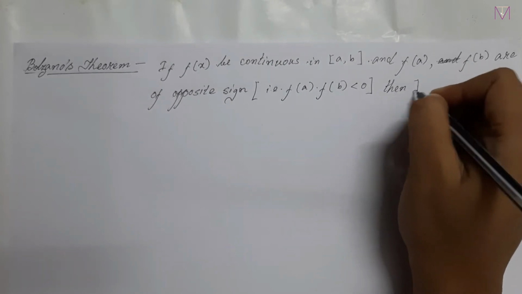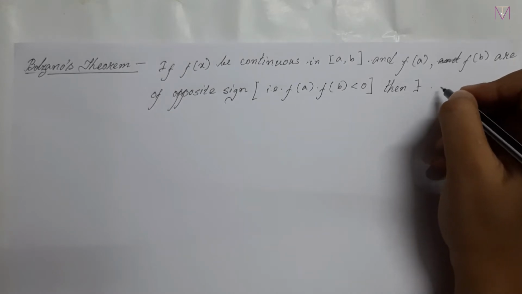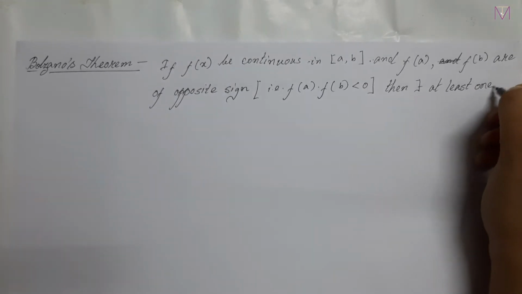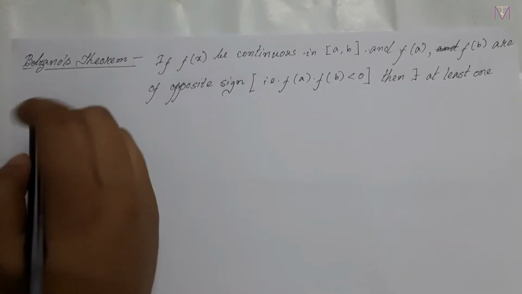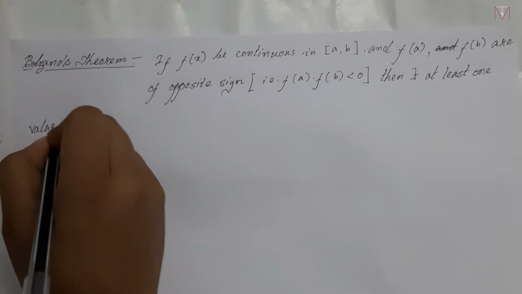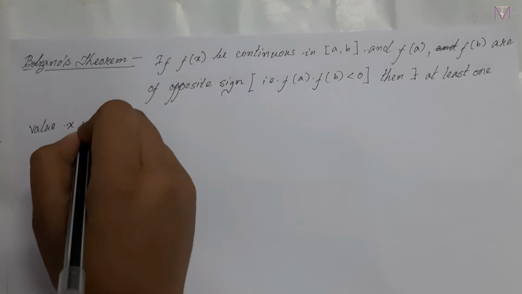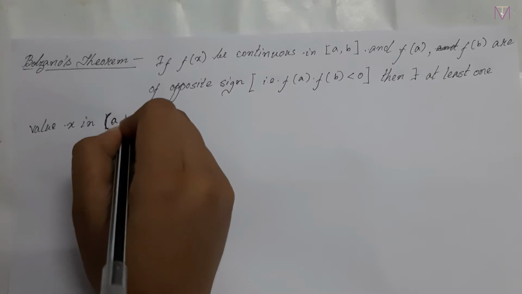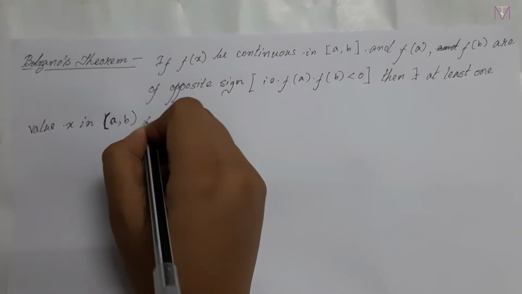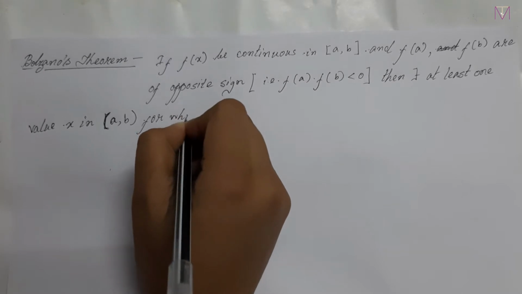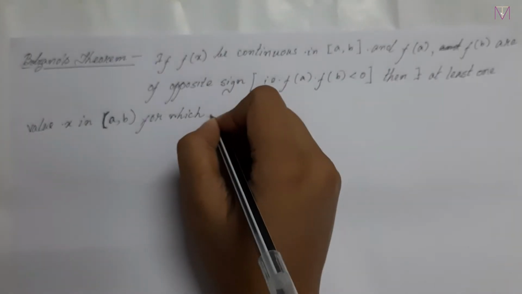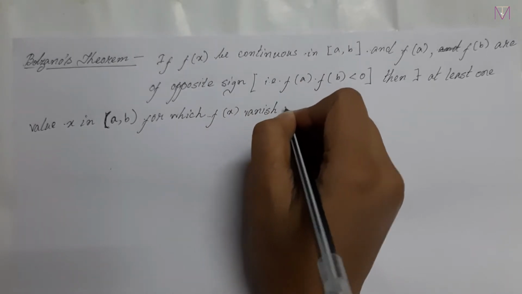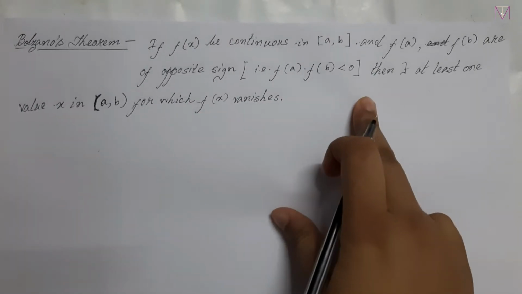Then there exists at least one value x in the open interval (a, b) for which f(x) vanishes.